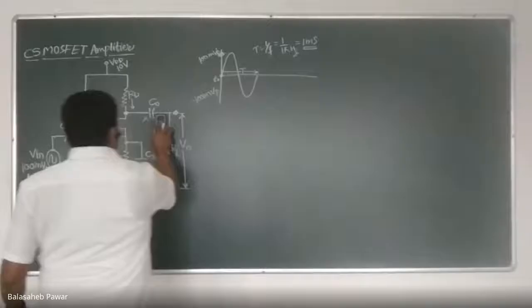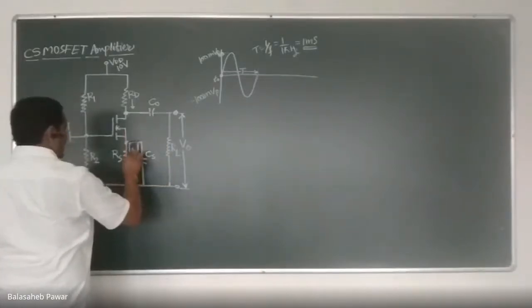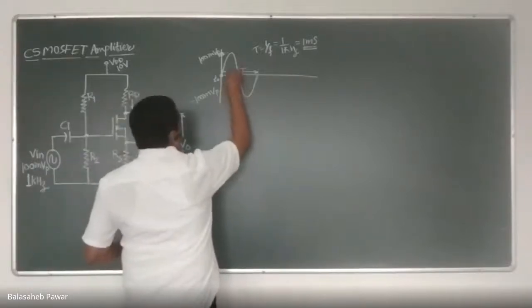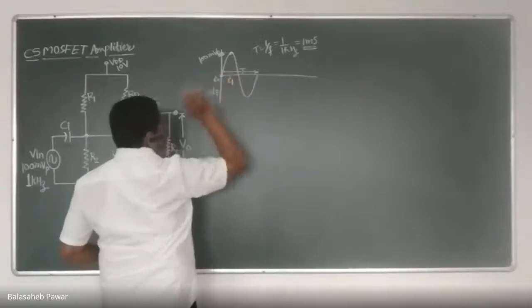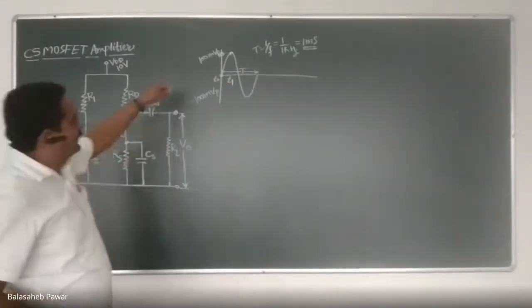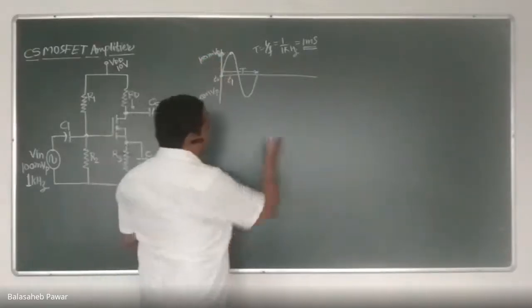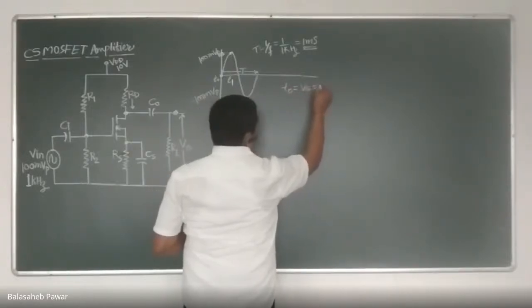Yes, sir. Okay. Now we'll consider another time period, that is T1, at which that input signal reaches its peak value. That input signal is at its peak value at T equals T1, right? At T equals T0, that VG was equal to how much?